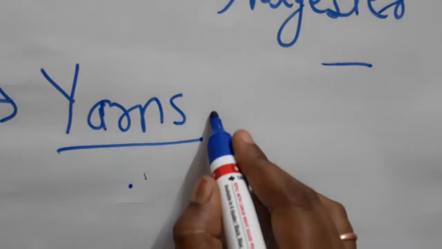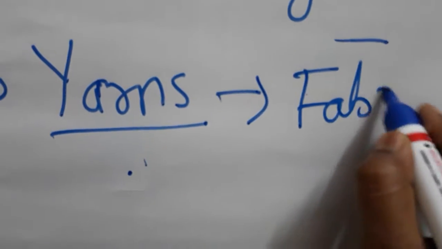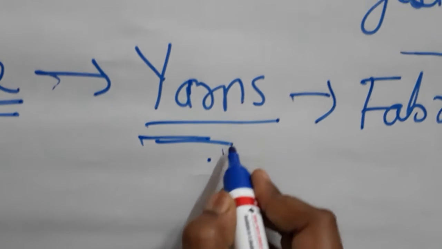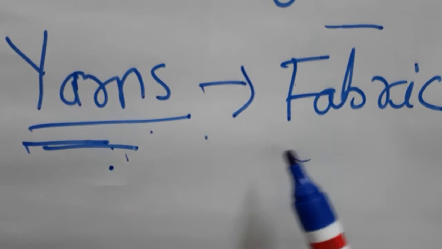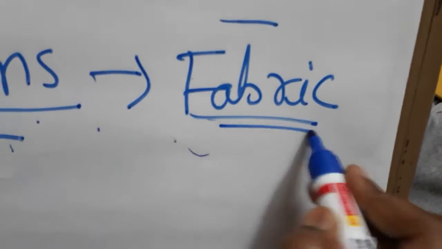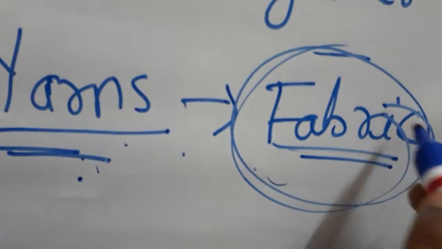From yarns we get fabric. Basically, yarns are thread-like structures, and by weaving or knitting yarns we get fabric, and from fabric we get our clothes. We stitch and design it.